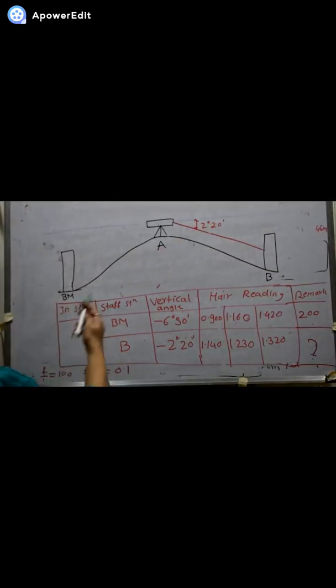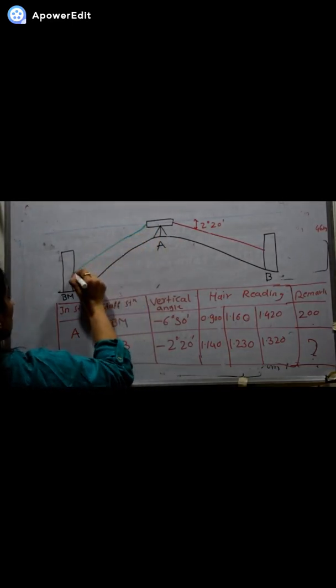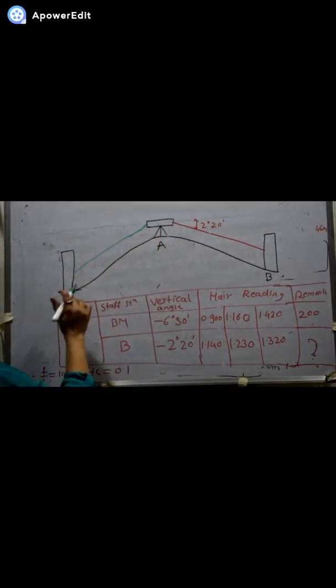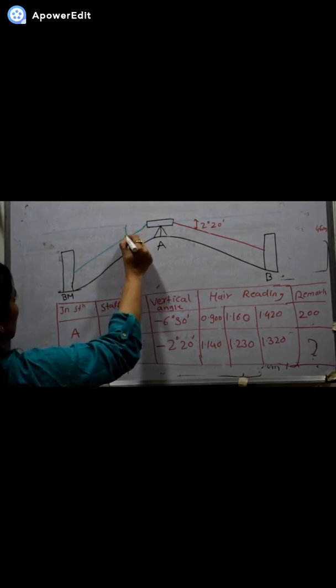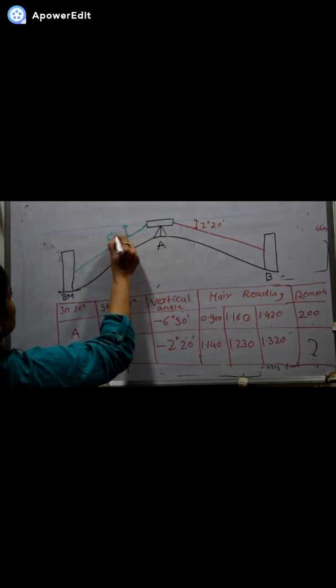For the station BM, it is 6 degree 30 minutes.